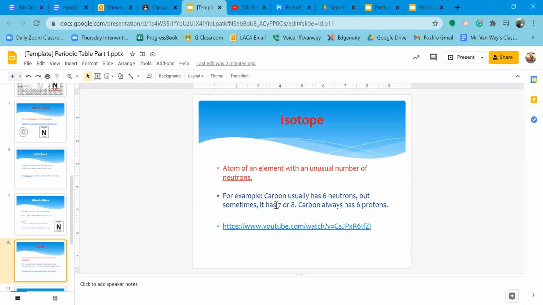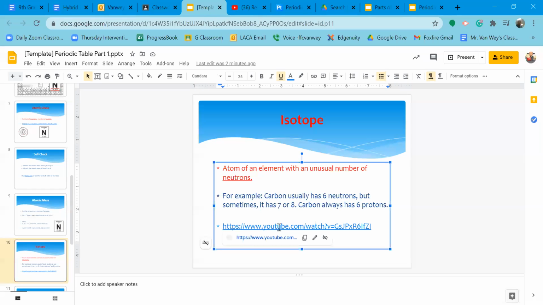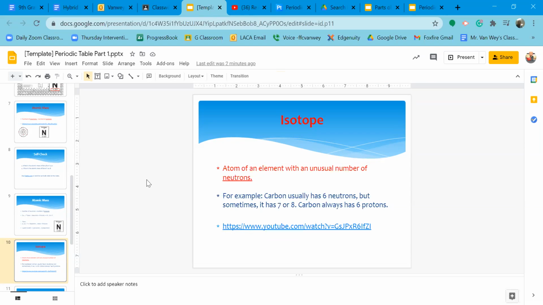Sometimes carbon has extra neutrons. Now, if you go back to when we did the build an atom simulation, we realized that having extra neutrons will make an atom unstable. And that's absolutely true. If carbon had 9 neutrons, well, then carbon would be really radioactive. Okay, it would be dangerous to be around.